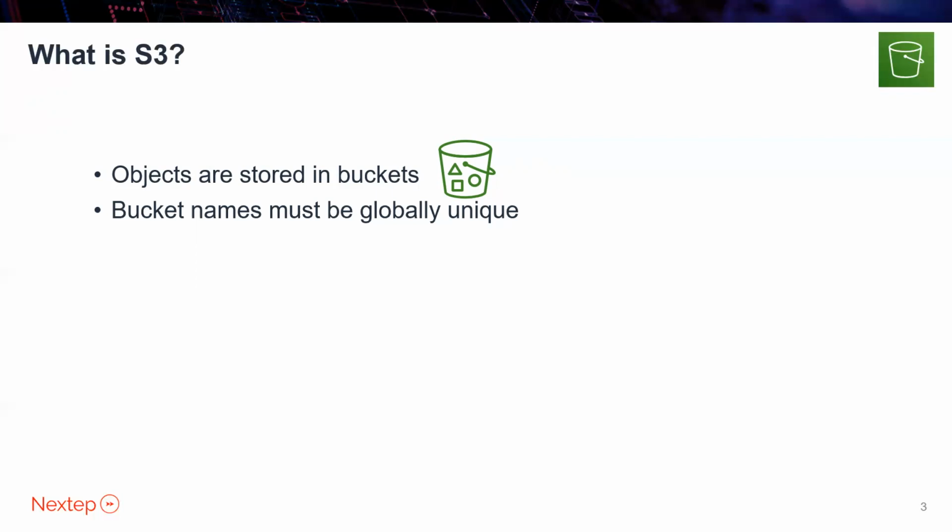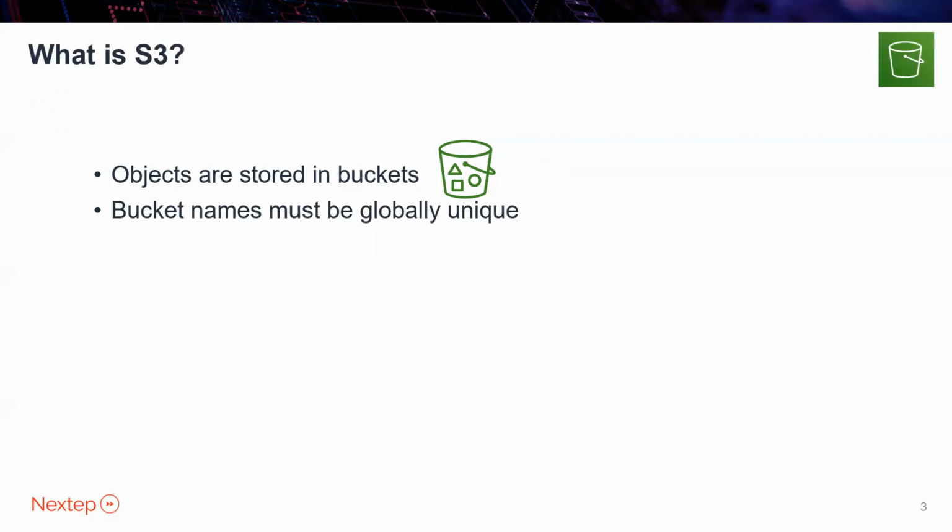But these bucket names are global. They must be unique across the globe, across all the AWS accounts. Meaning, if you're trying to create a bucket with the name test, that must have been taken on day one. Let's say, if you're trying to create a bucket with the name nextstep.training, that's taken by me.